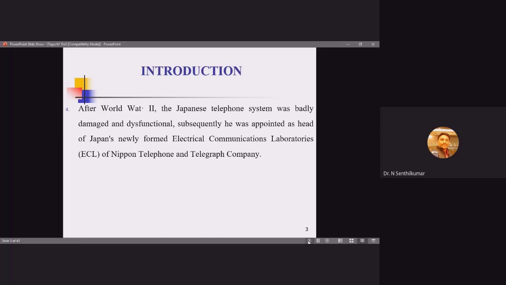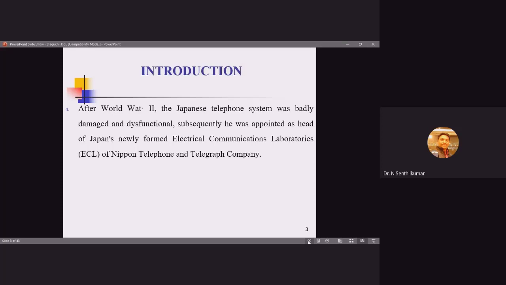There he coined the term signal to noise ratio. Signal and noise are terms mostly used in electrical and electronics, but in engineering, everything is the same. Since Taguchi was implementing DOE in the electrical, telephonic field, he coined the term signal to noise ratio.